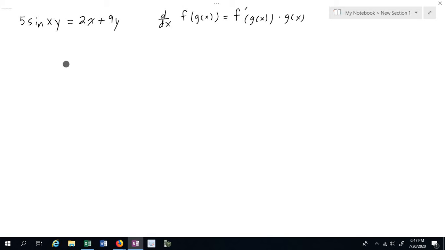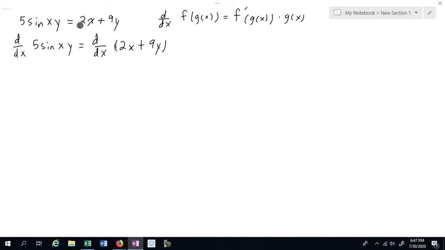The first step in implicit differentiation is to take the derivative of both sides of the equation with respect to x. Now notice that these remain equal.